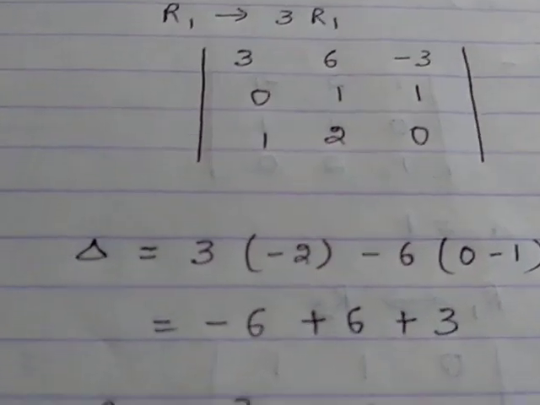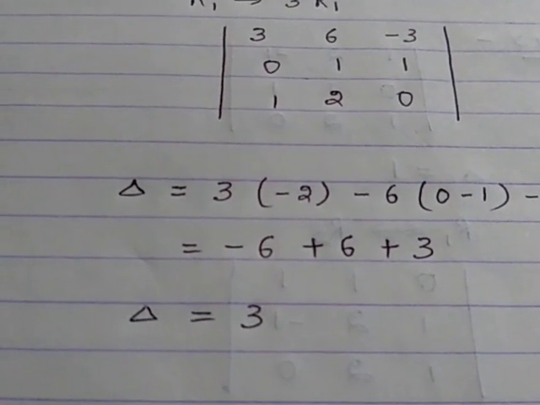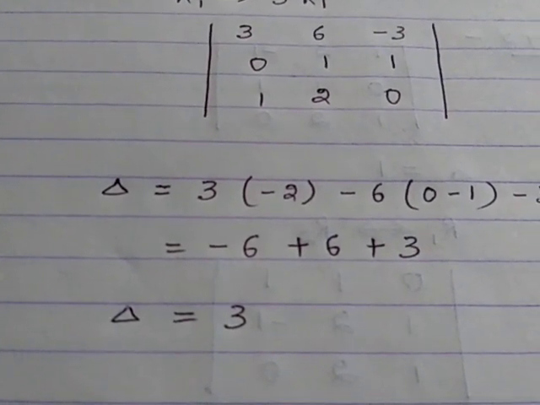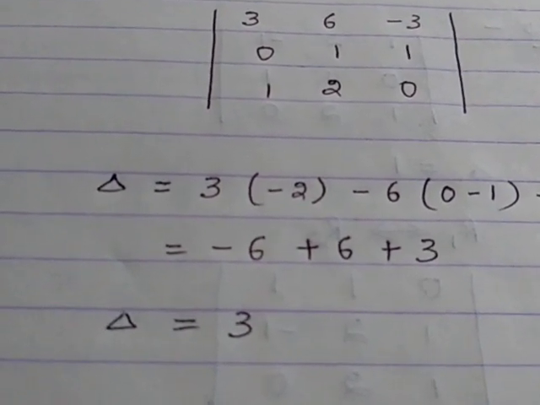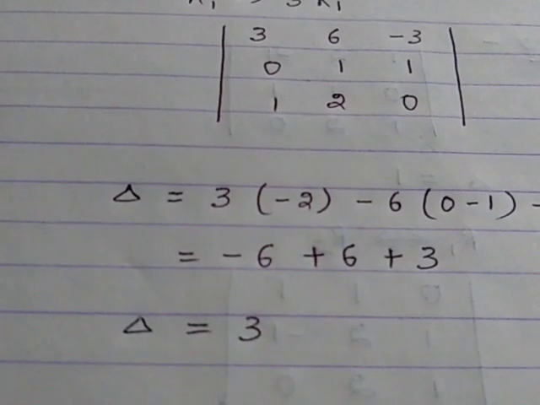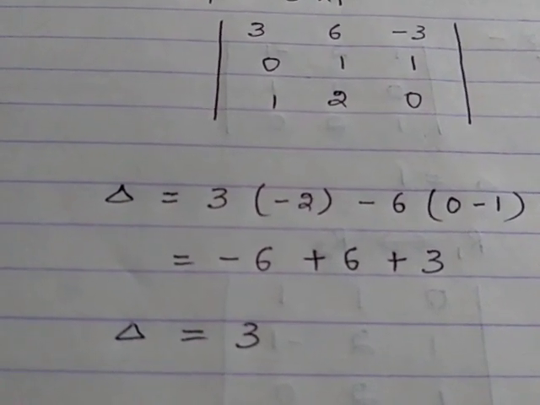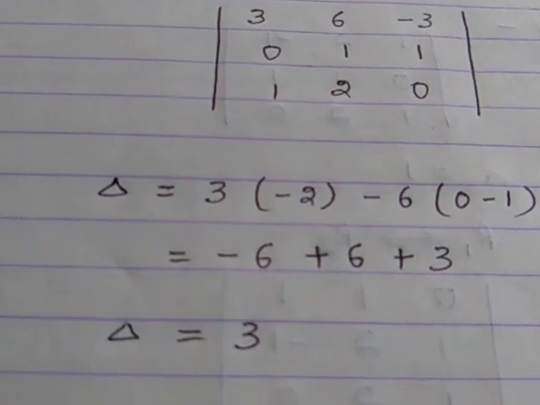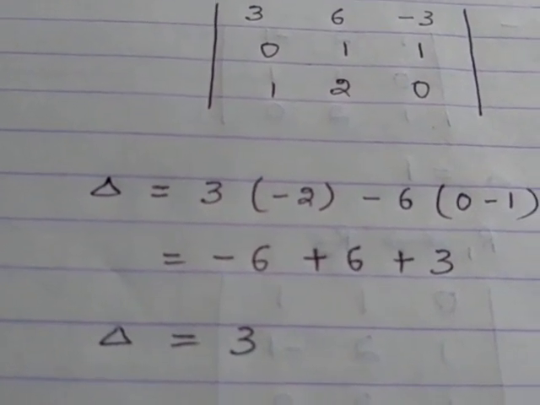Now, related to this property, there are two remarks on page number 113, which state that we can take out any common factor from any one row or any one column of a determinant.